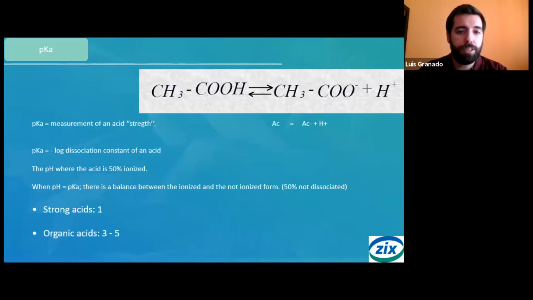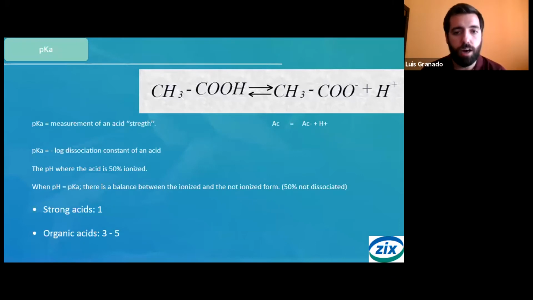Trying to explain it in a less theoretical manner, we can say that this pK is really the pH where the acid will be found in balance. And this means that 50% of its concentration will be found in the dissociated form and 50% will be found in the not dissociated form, okay?